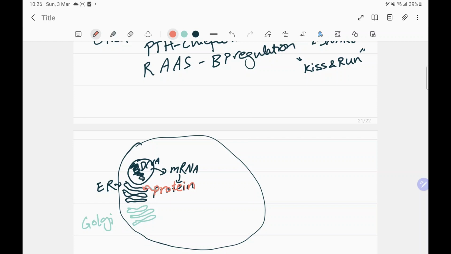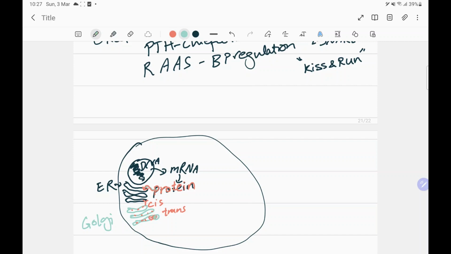They enter into the ER, they get modified, and then from there they go into the Golgi apparatus through what we call the cis part of the Golgi. They get modified, packaged, and then they move through and reach what we call the trans part of the Golgi, and they bud off from the Golgi.